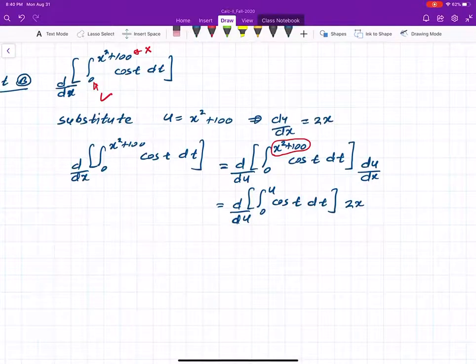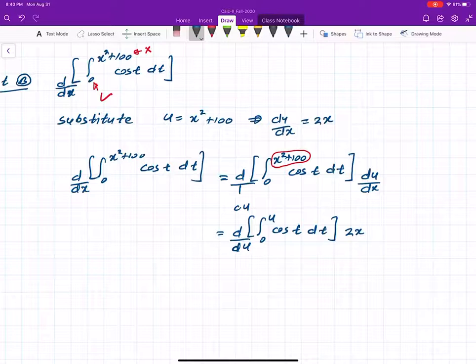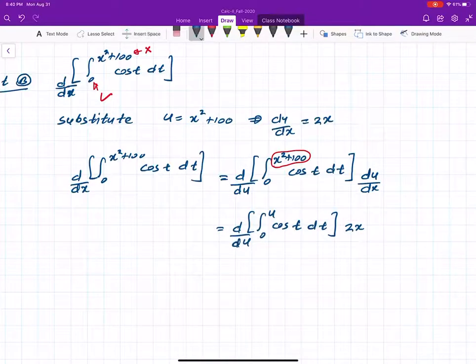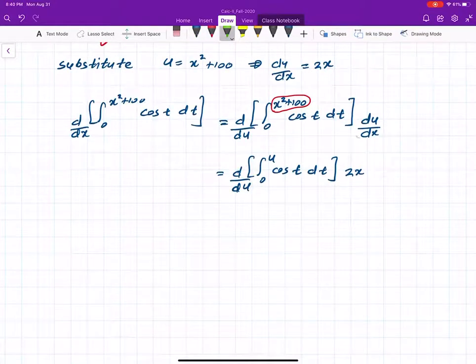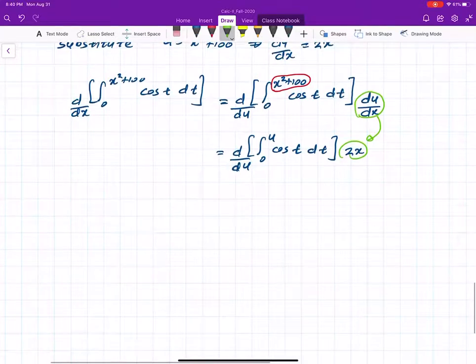Let me get a little bit of space here. What I want to say is there's a change from here to here, and then this function, and wait a minute, there's another change from here to here.